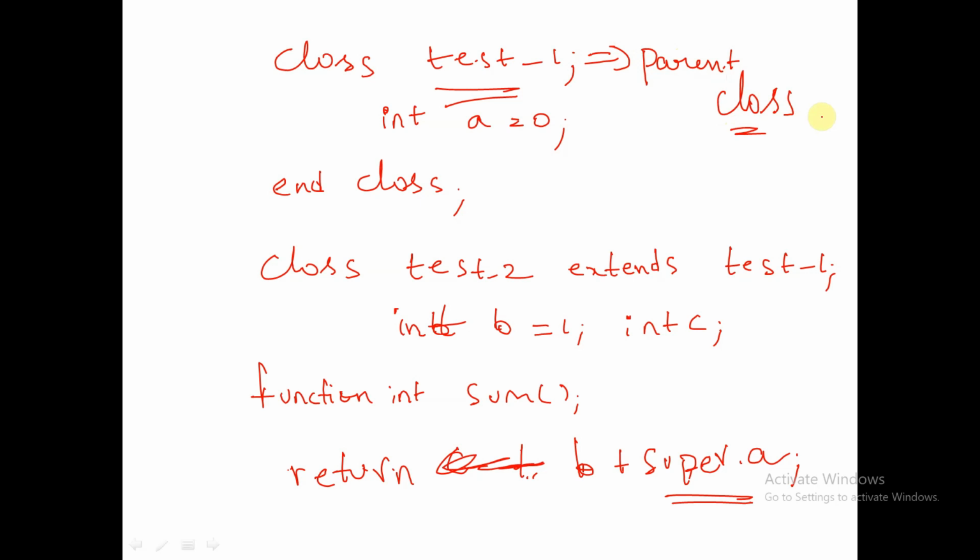So if we want to refer to any property which is declared inside our parent class from the child class, then we can use the keyword called super. So if you find the keyword super, then it is nothing but the property which is declared inside my parent class. And we can also use this with methods.